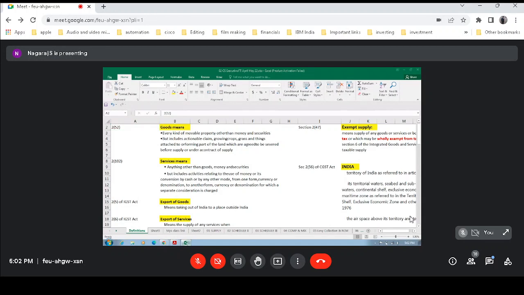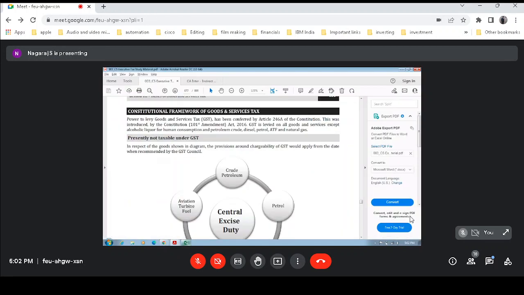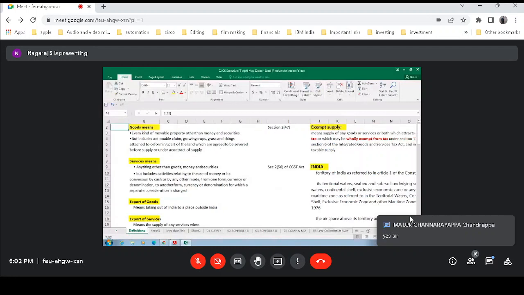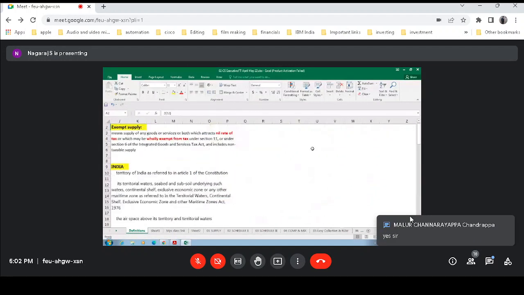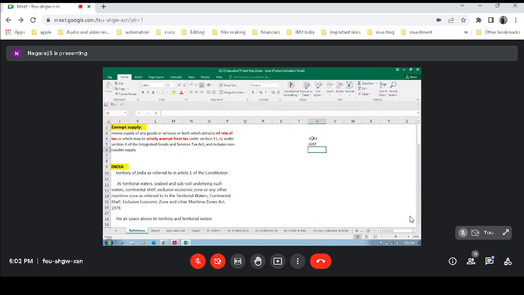Before that, one second, I will tell you a few things. There is the CGST Act and the IGST Act. We are going to study only these two acts in your syllabus. Whenever I say CGST, it will be equal to SGST and UTGST.